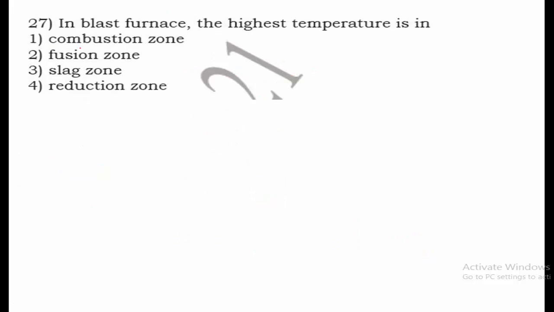Next, 27th question. In a blast furnace, the highest temperature is in combustion zone, fusion zone, slag zone, or reduction zone. As you all know, in combustion zone the combustion of coal or coke will take place, and hence the temperature is high at combustion zone because it resides at the bottom of the blast furnace.